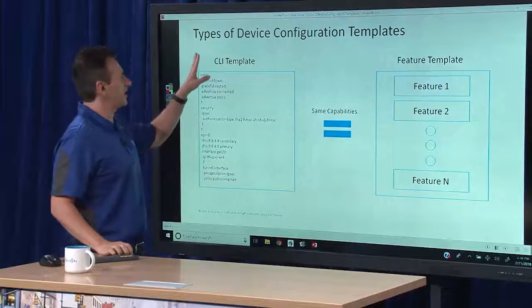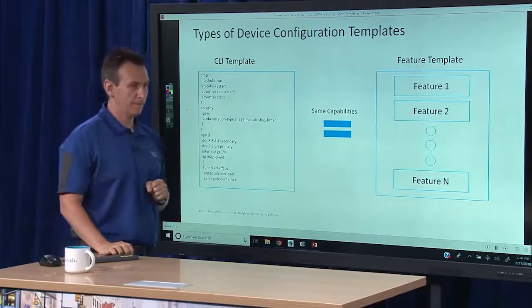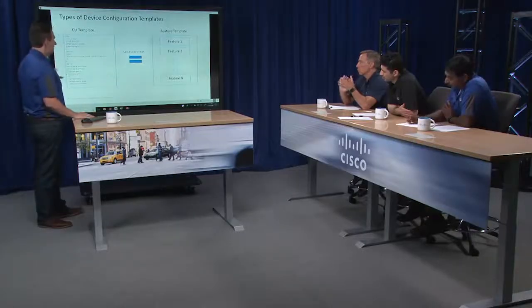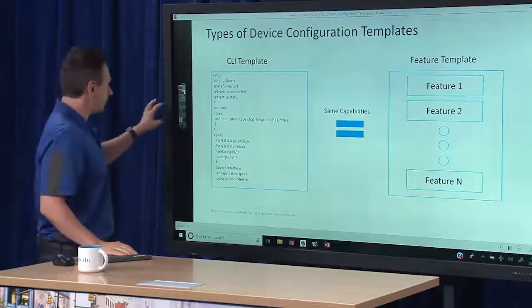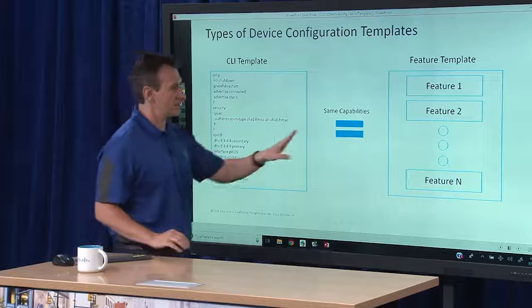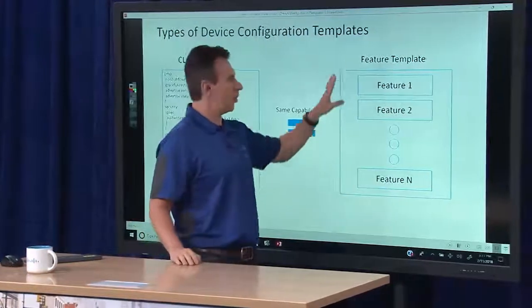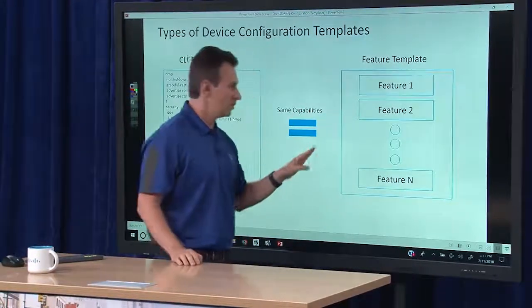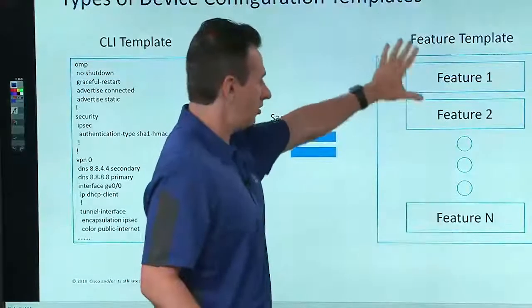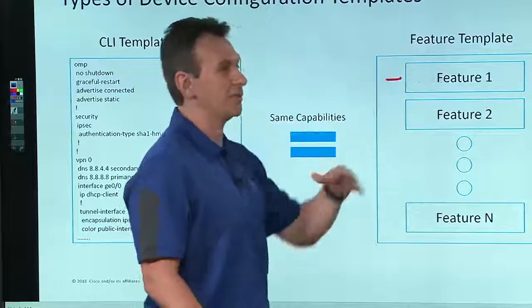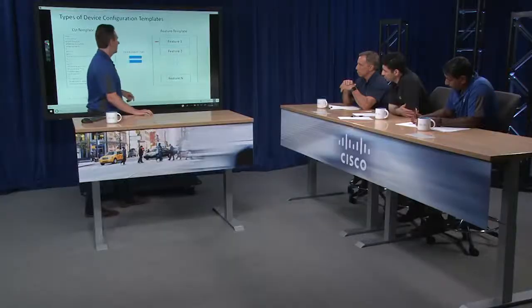So we talked about device configuration templates. One thing to understand in here is we actually have two ways of executing that. What we really focused on before is this side, which we call a feature template. This should look familiar to you, right? These are exactly the features that we had before: the system, the transport, routing, security, and they're all put together into the feature template, sort of like an onion, right?